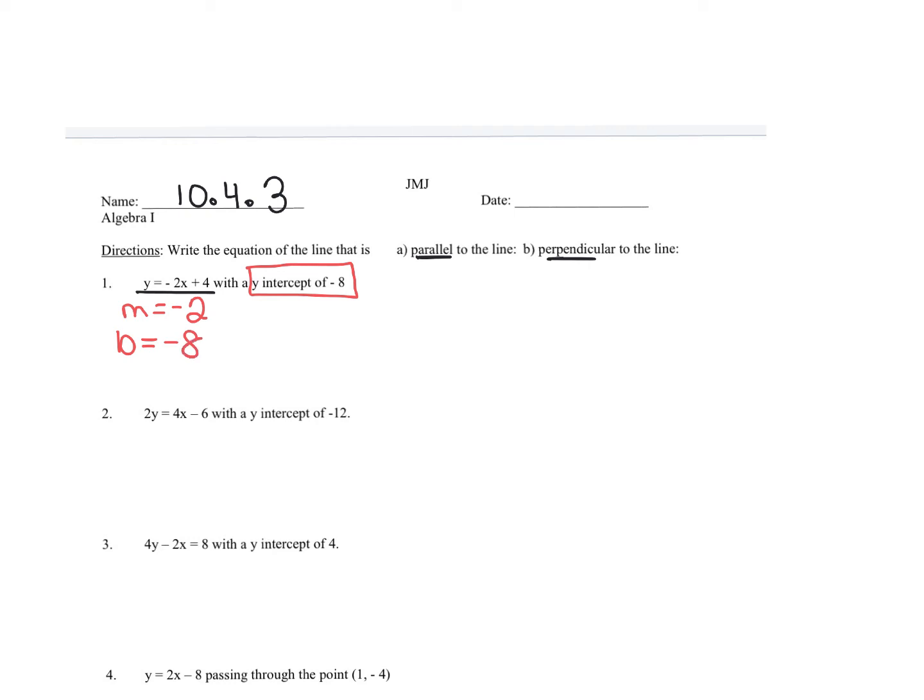So my parallel line is going to be y equals the same slope with the new intercept. Perpendicular is the negative reciprocal. So the negative reciprocal of -2 is positive 1/2. And it also has that same intercept, so I don't have to do any extra work here.